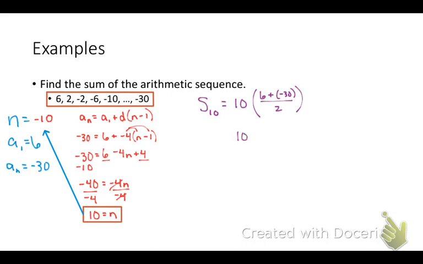So I'll have 10 times negative 24 divided by 2. So 10 times negative 12. So the total is going to be negative 120. Good job.